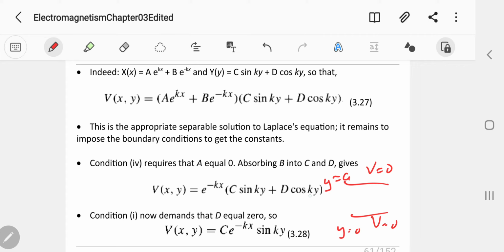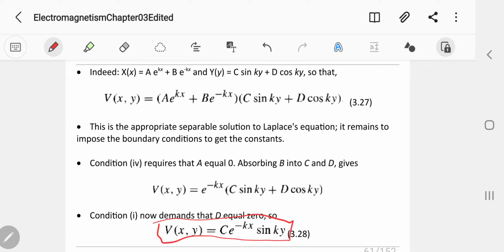So cosine k times 0 is equal to 1, and this is not equal to 0, so you have to set d equal to 0 too, and so you're only left with sine ky. So therefore your potential would have the form this one here. So that's the form of your potential.